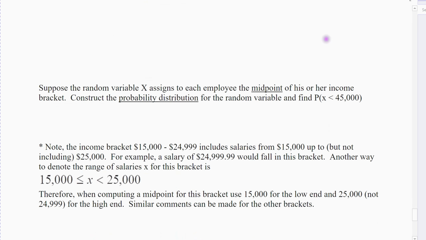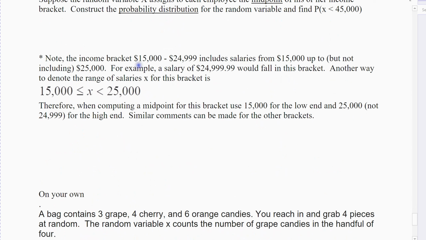Well, if I go down here to the asterisk, it means the income bracket between $15,000 and $24.99 includes salaries from $15,000 up to, but not including, $25,000. It means I can have all of the decimals, so I can have 24,999.999999999, as many nines as we want after the decimal.